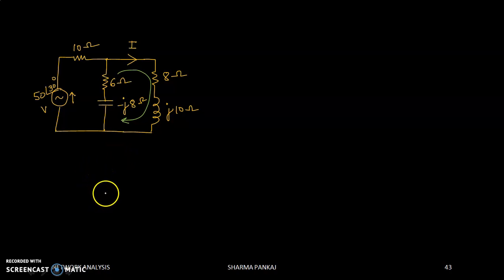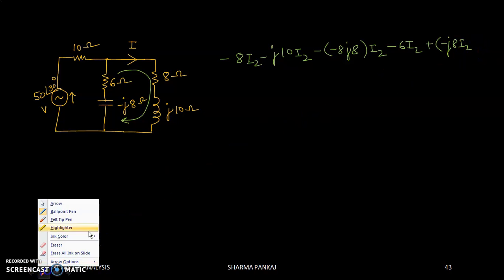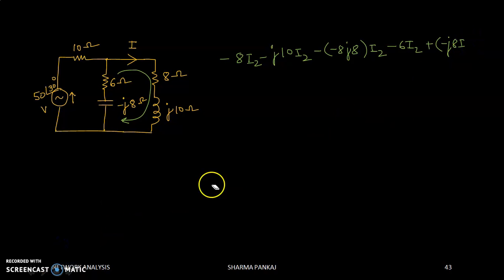So let us write: minus 8 I2 minus j10 I2 minus 8 j8 I2 minus 6 I2 plus minus j8 I2, it is actually I1, plus 6 I1 is equal to 0.